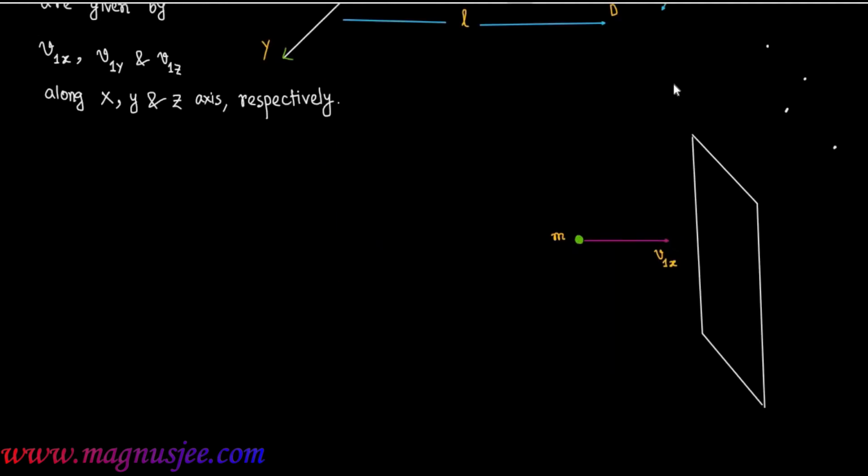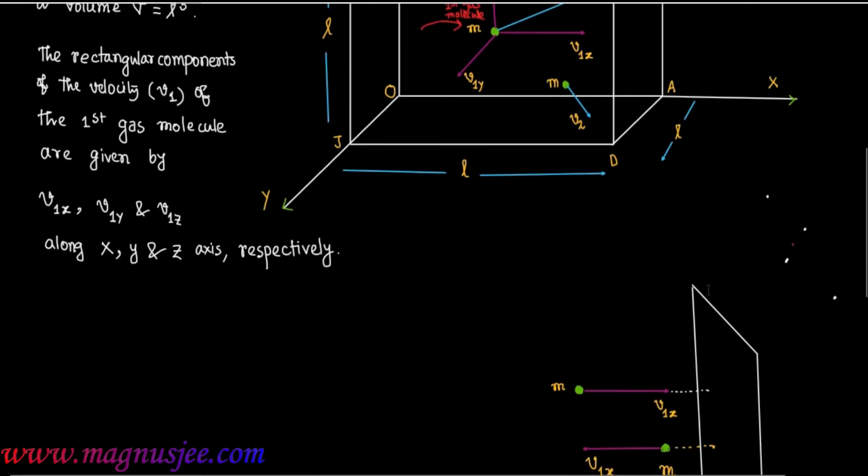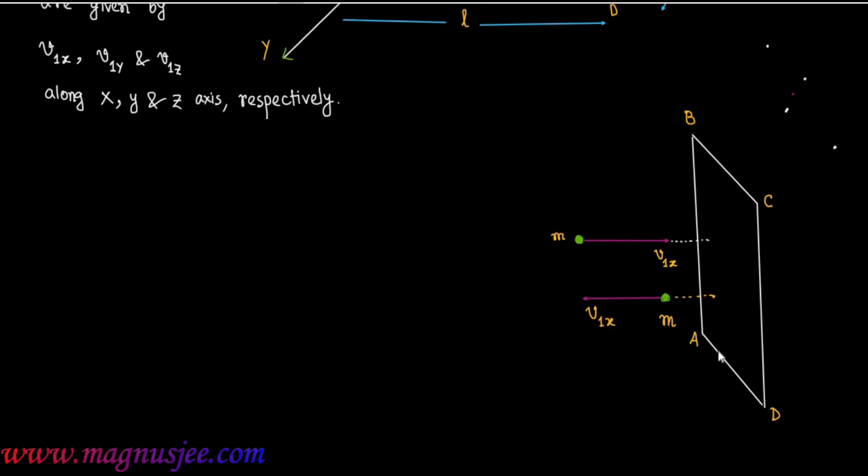We can assume that the first gas molecule of mass m1 is moving with a velocity v1x along x-axis towards the wall ABCD of the cubical container, and after the elastic collision, the same gas molecule will be reflected with the same velocity v1x.